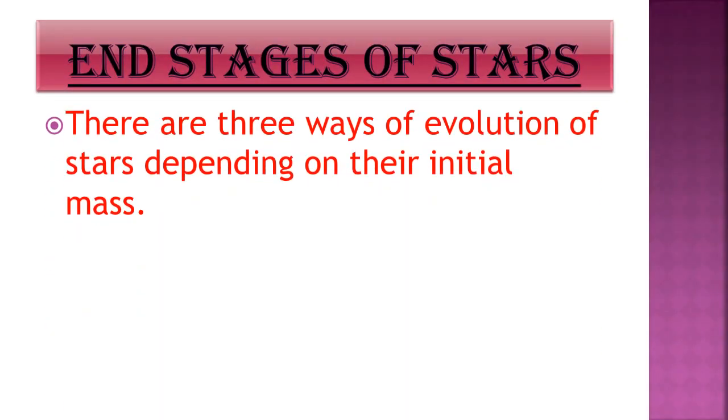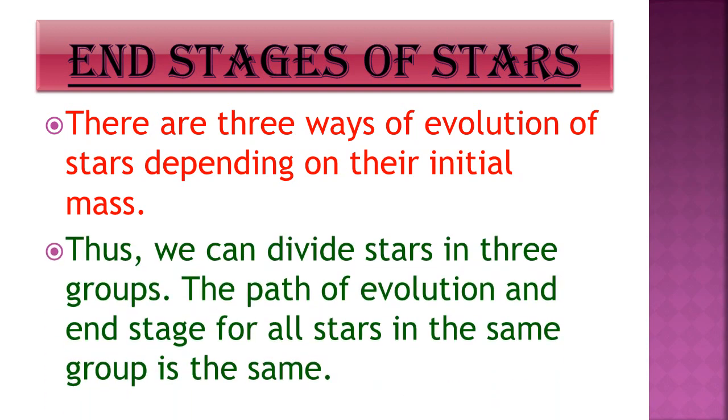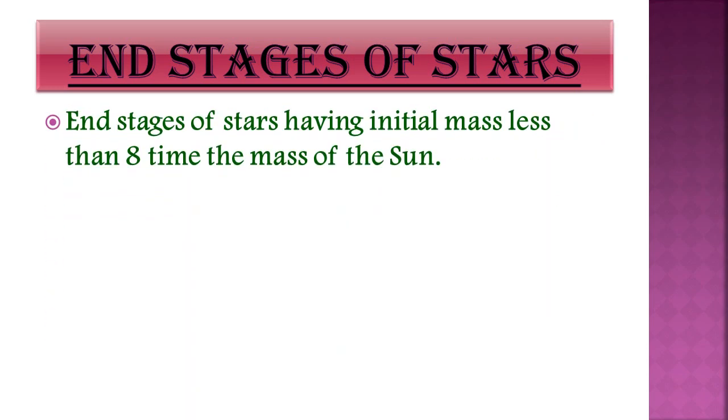Alright, so there are three ways of evolution of stars depending on their initial masses. So we can divide the stars into three groups. The path of evolution and end stage for all the stars in the same group is the same. Now students, first are the end stages of stars having initial masses less than 8 times the mass of the sun.